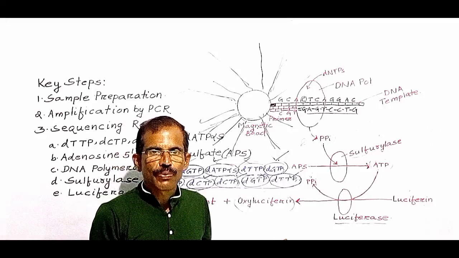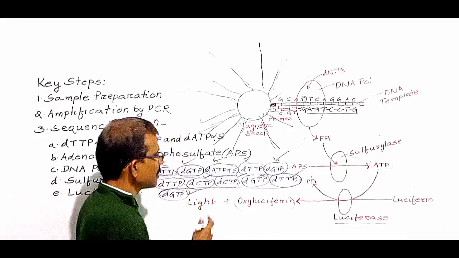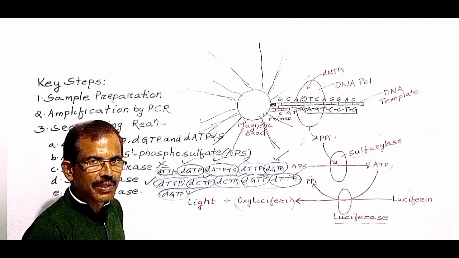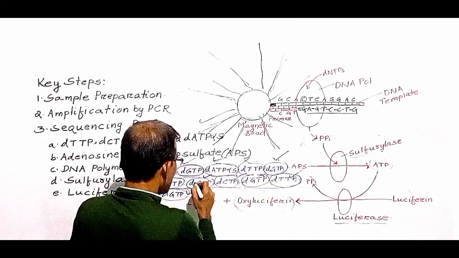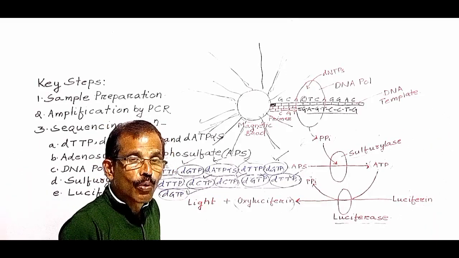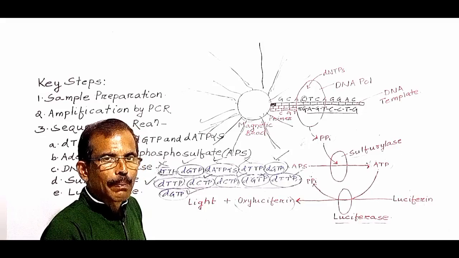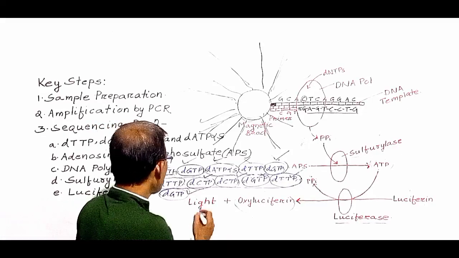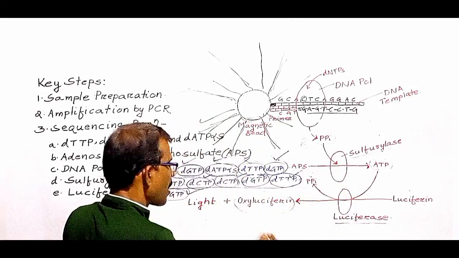As oxyluciferin returns to the ground state, it emits light. In pyrosequencing, we know the order in which various nucleotides have been incorporated. We also know which nucleotides have been incorporated. Based on that, we can determine the sequence of the newly synthesized DNA strand.